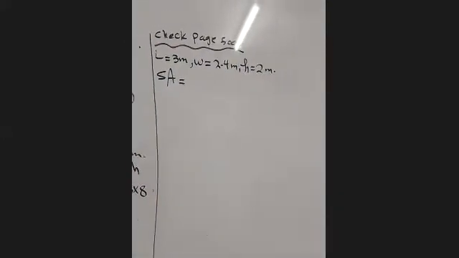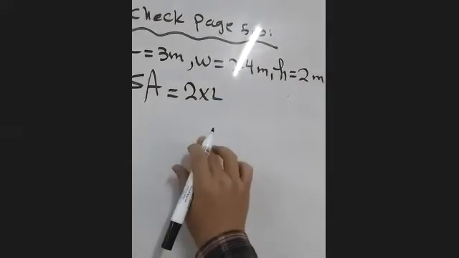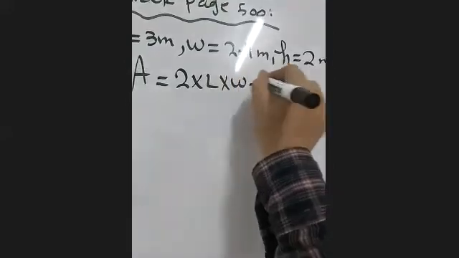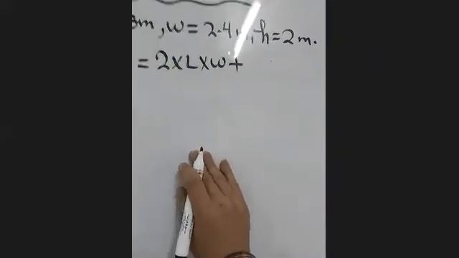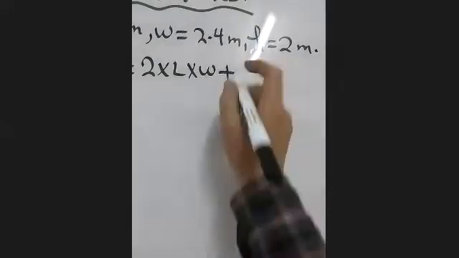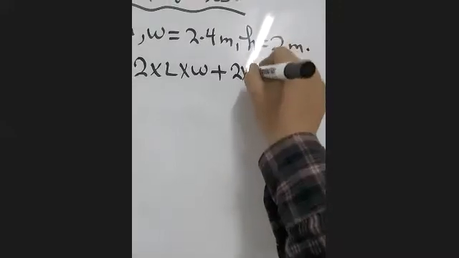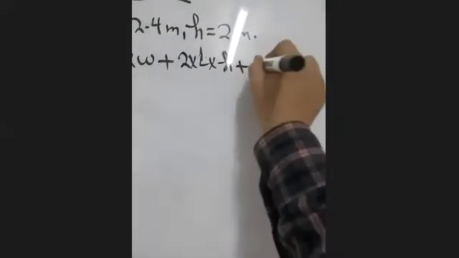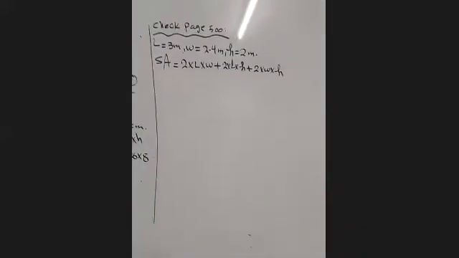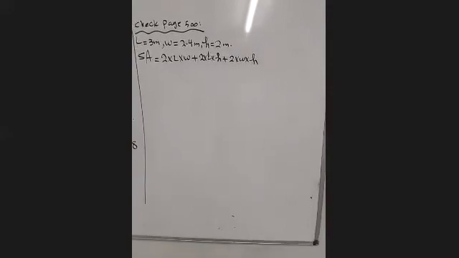SA equals 2 multiply length multiply width, plus 2 multiply length multiply height, plus 2 multiply width multiply height.